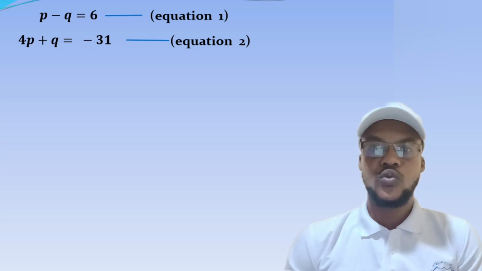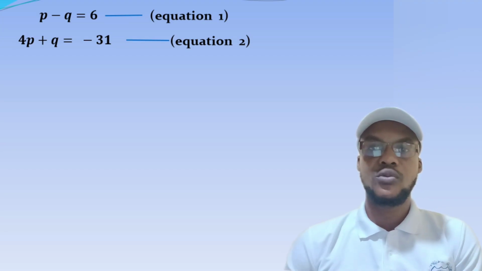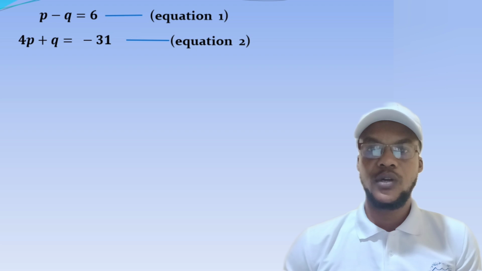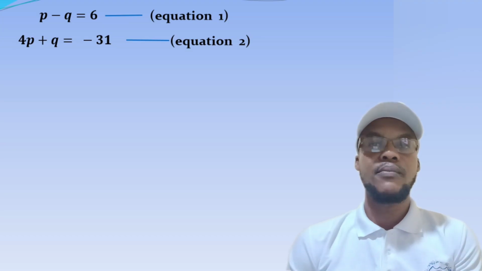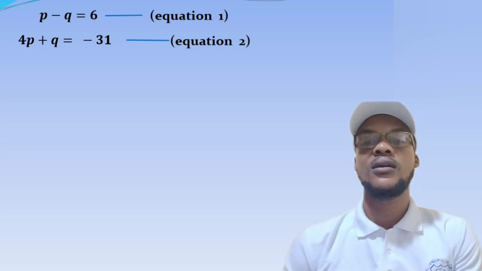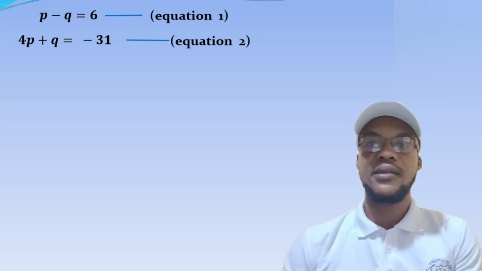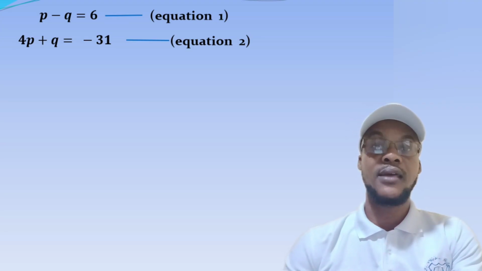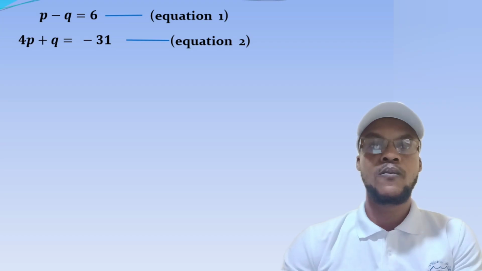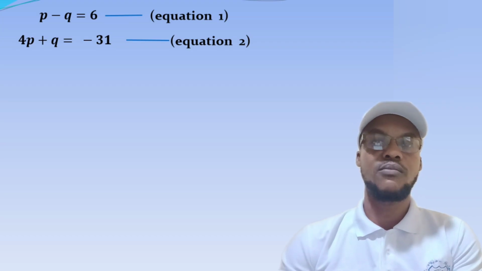For simultaneous equations, how do we solve them? If you recall, we can solve this either by the substitution method, the elimination method, or the graphical method. These three methods or approaches can be used to solve simultaneous equations. But in our case, we are going to employ the substitution method.